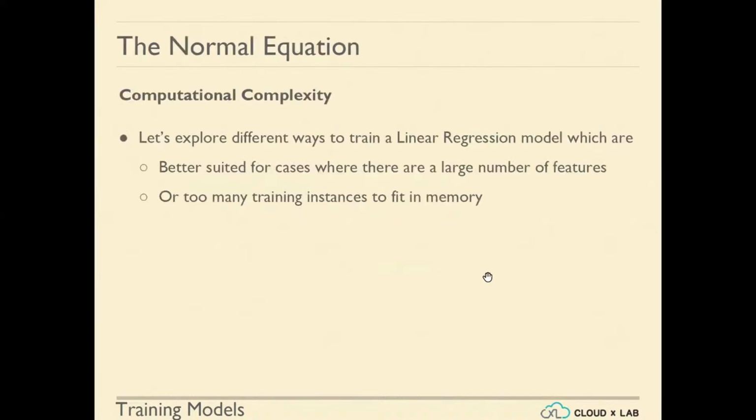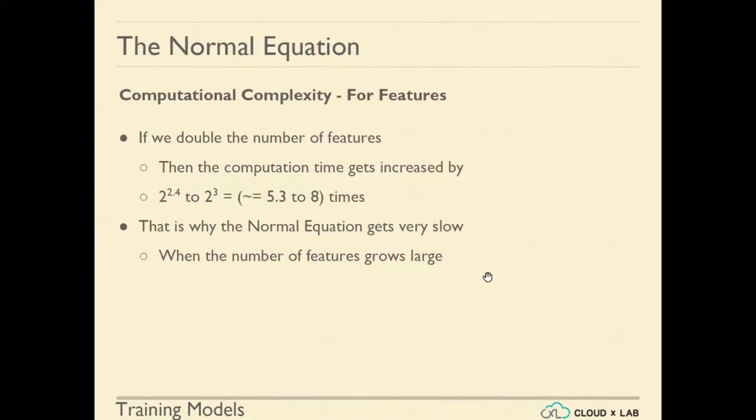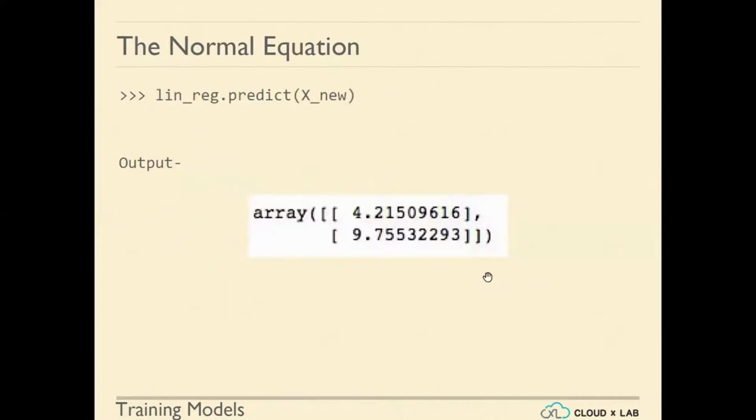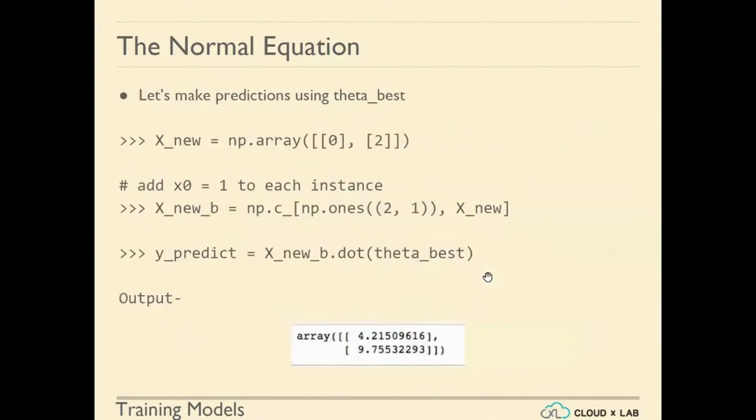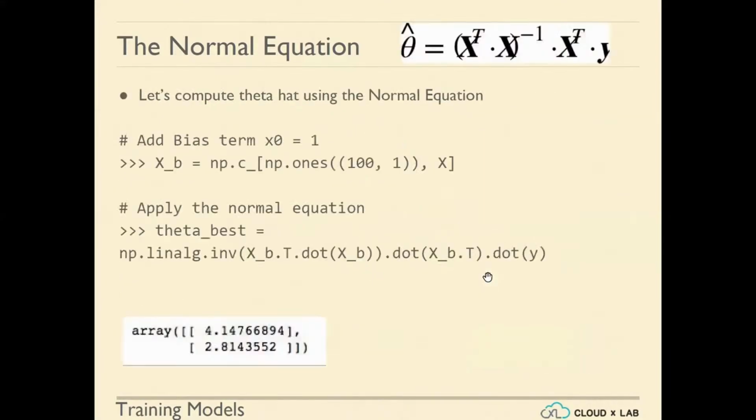Because there are two problems with this method. The number of features, because we have to invert a matrix of size number of features plus 1 cross number of features plus 1, n plus 1 cross n plus 1. The other problem is if we want to use this equation, we need to load these matrices into memory.